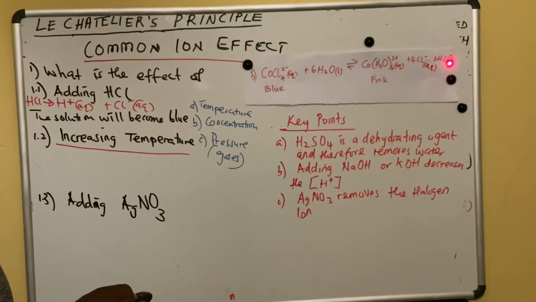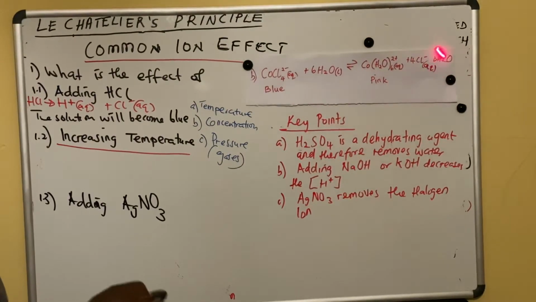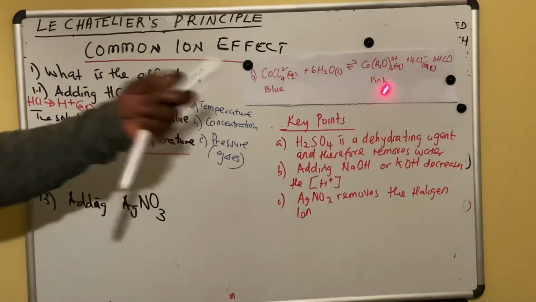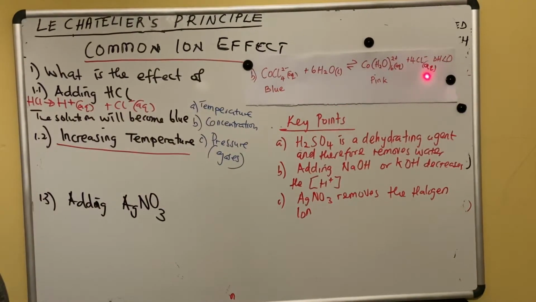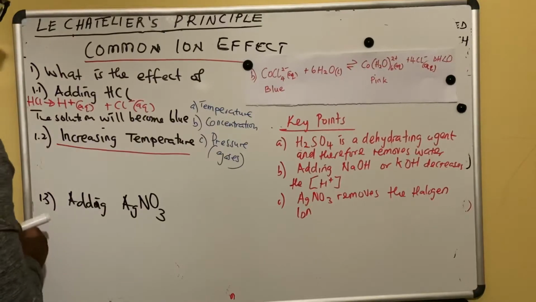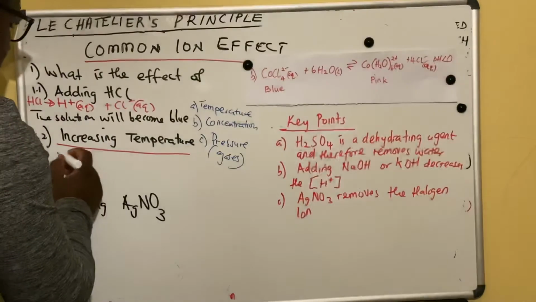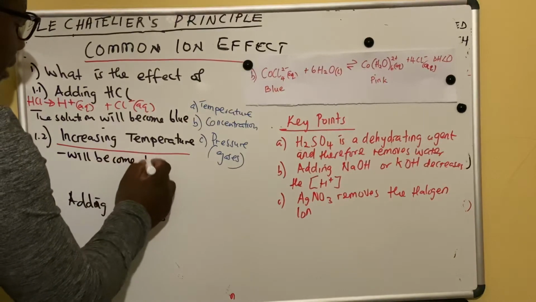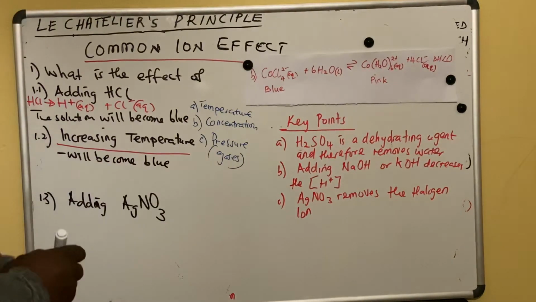Here we can see that the forward reaction is exothermic, so the backward is endothermic. When we increase the temperature, the system is going to oppose by favoring the reaction which absorbs heat. The reaction which absorbs heat is the endothermic reaction, which is the backward reaction. So again, it is going to change to blue, because the backward is going to be favored. Hope it is making sense.